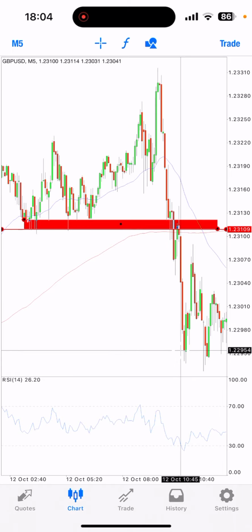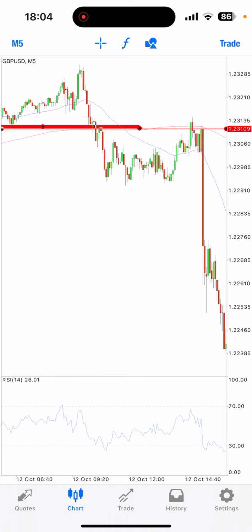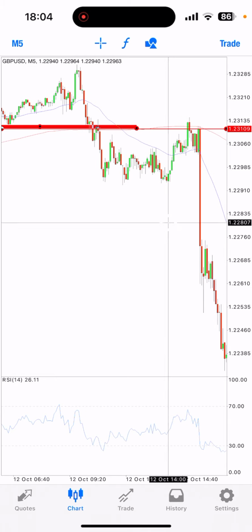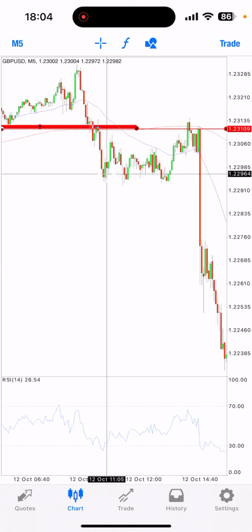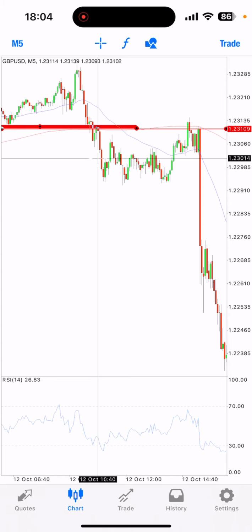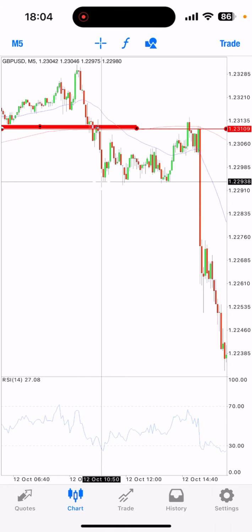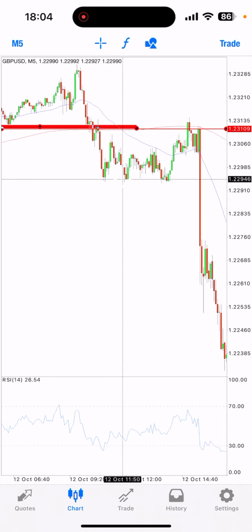Ignore the rest and let it run, because this is your first entry. You're aiming for at least 20 pips early hours in the morning, and then you don't do anything. You get out of the trade, and then you will see the price bouncing off this level.